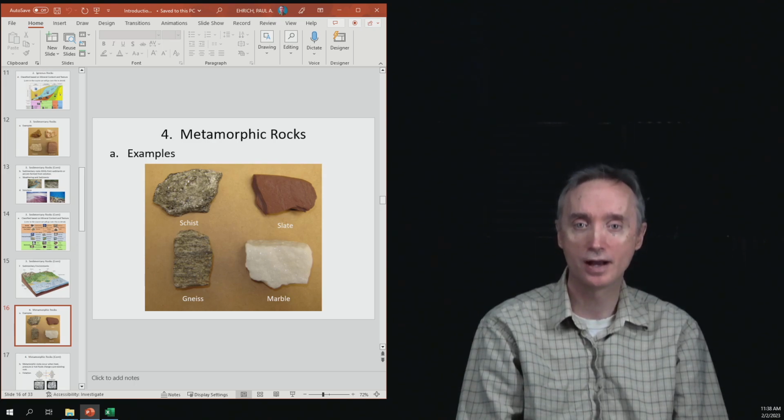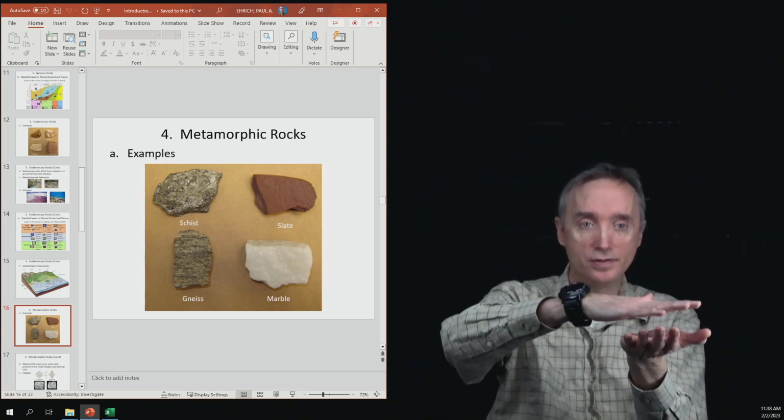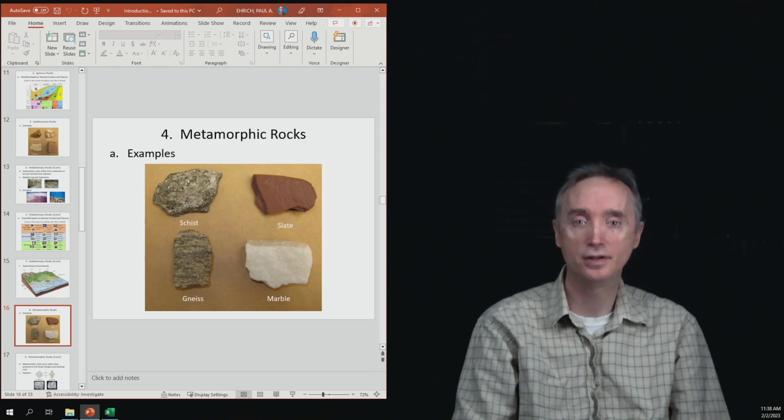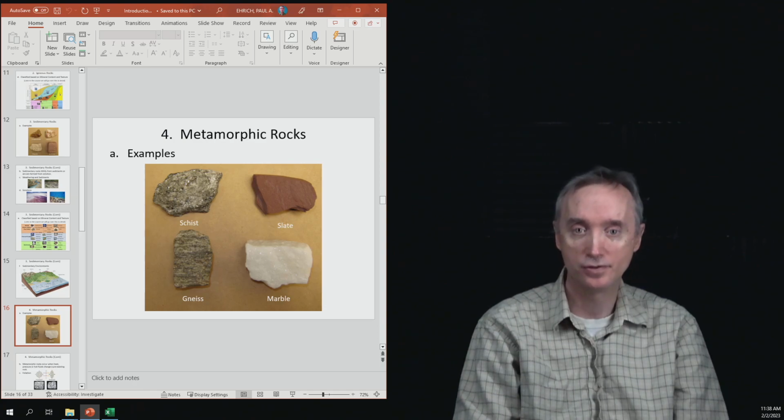Then you've also got a thing called gneiss. So it's not "nice," it's gneiss. If you take the schist above it and you continue to heat it and you continue to squeeze it, then it develops those kind of stripes that you see on there.